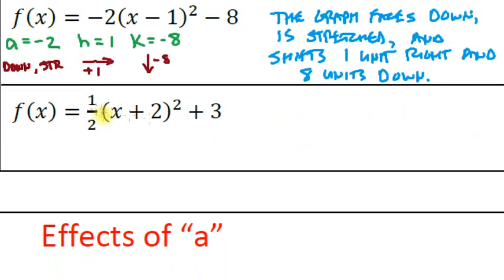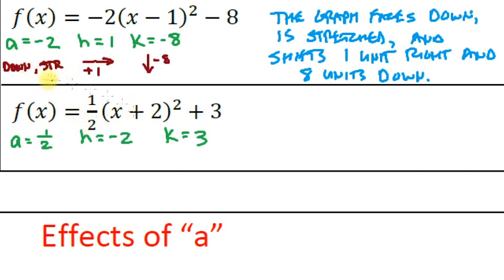F of x equals 1/2 times x plus 2 squared plus 3. All right, let's identify our values. A is equal to 1/2. H is equal to negative 2. We flip the sign. K is equal to positive 3. All right, what does the 1/2 do?